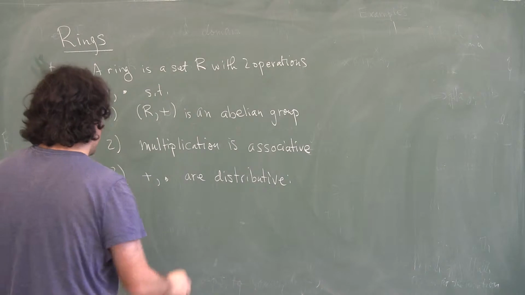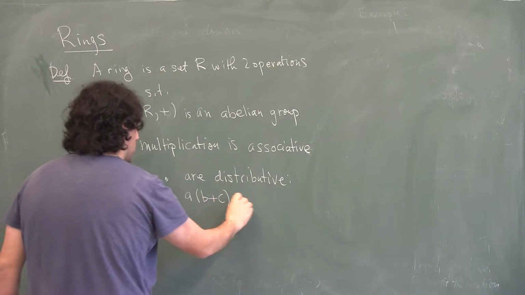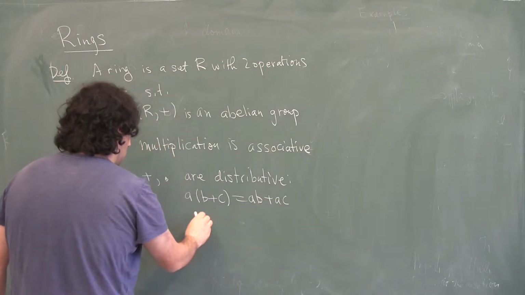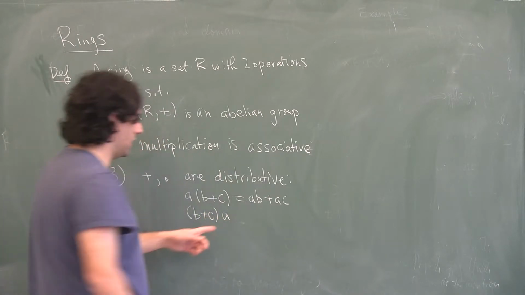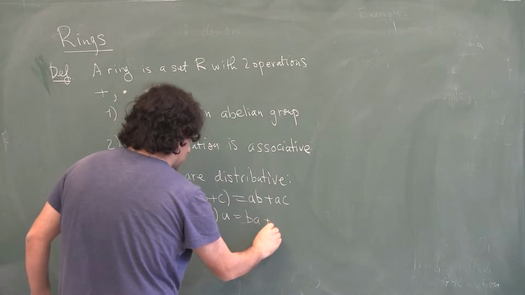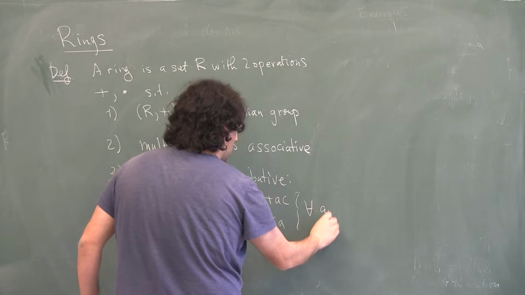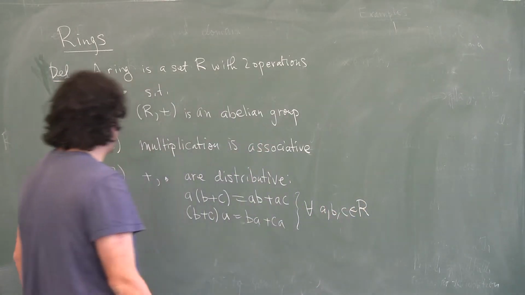What this means is that A times a sum B plus C is just AB plus AC, and that if I have a sum B plus C times A on the right, then again this is BA plus CA, and these two are happening for all A, B, C in R.